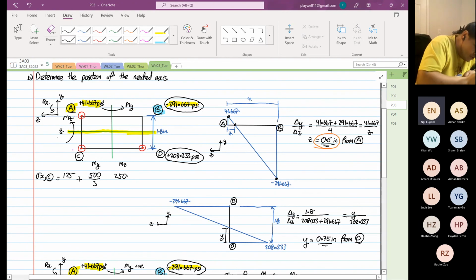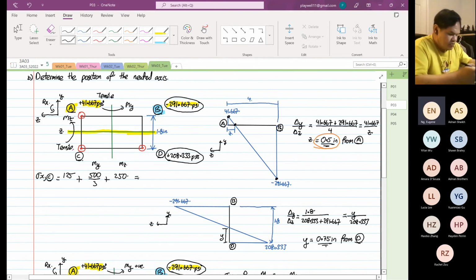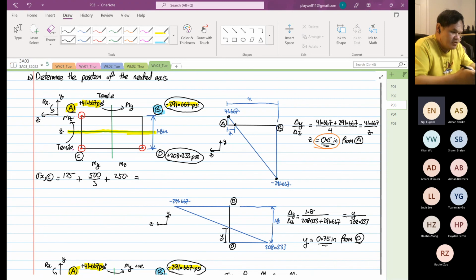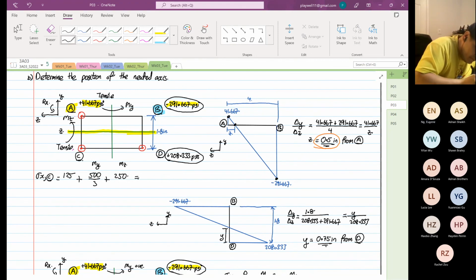And the Mz, so the tail end is tensile. This is also tensile. So this is plus also. So this comes out to be 125 plus 500 divided by 3 plus 250 is equal to 541.